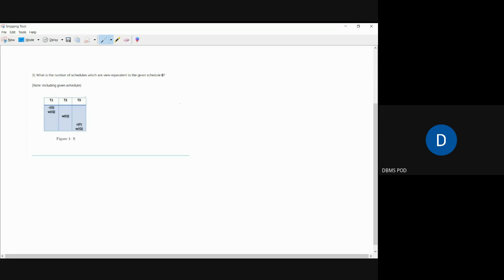What is the number of schedules which are view equivalent? So you have to find the view equivalent, right? For view equivalence, first you have to see the initial reads. Then you have to see the write-read pairs.